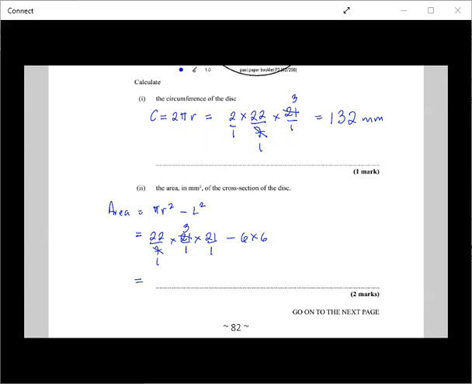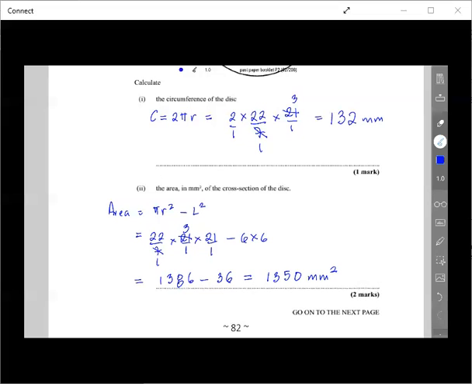So this is 66 times 21. So the area of the circle is 1,386 minus the area of the square, which is 36. So the area of the cross-section is 1,350, and this is millimeters square.